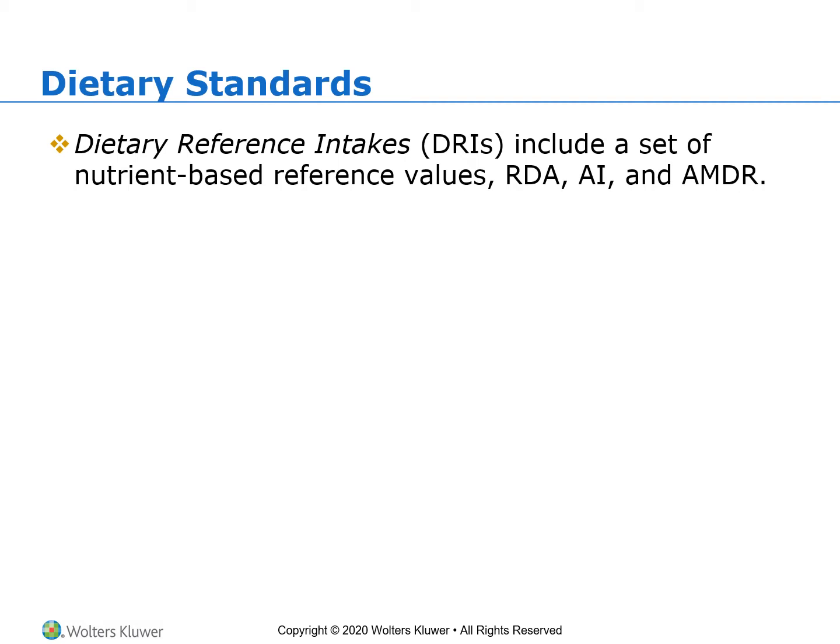But know that these are calculated based on the nutritional need of a person with the gender, height, weight, age, and activity levels taken into consideration. So when we talk about those dietary intakes, what is the recommended dietary intake?